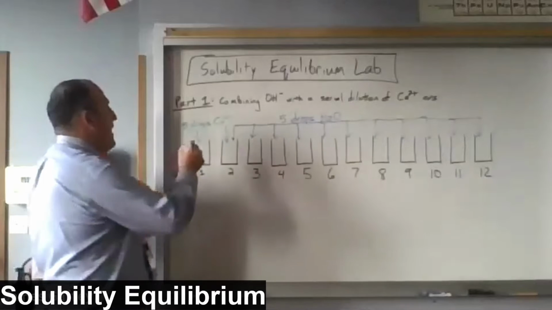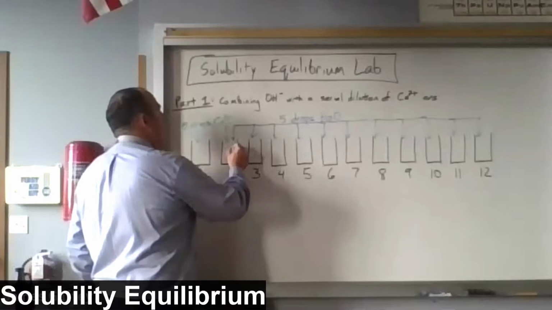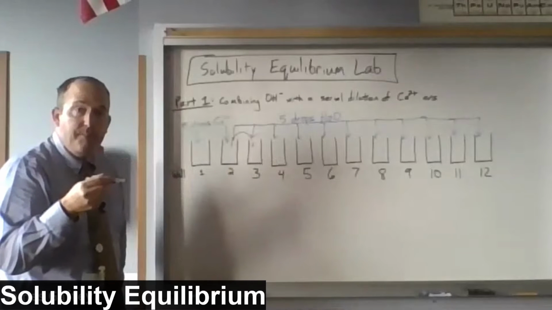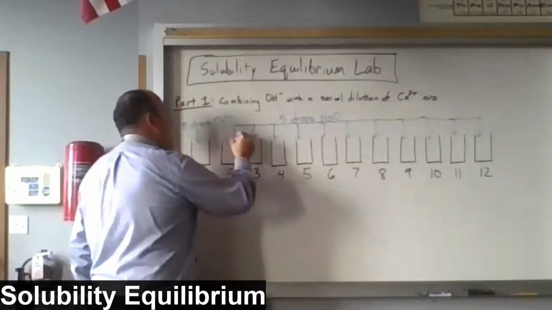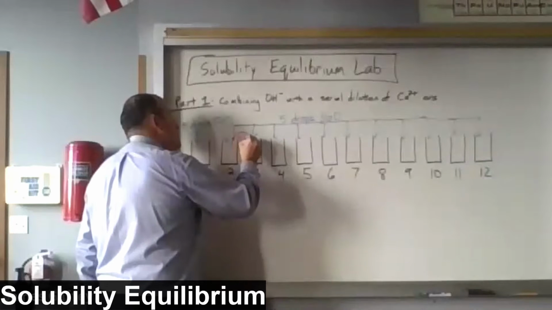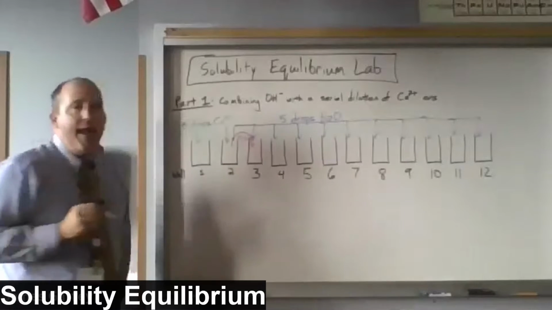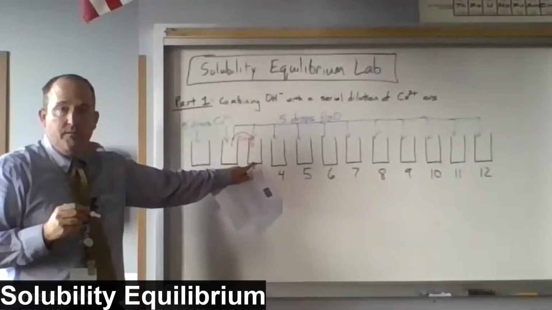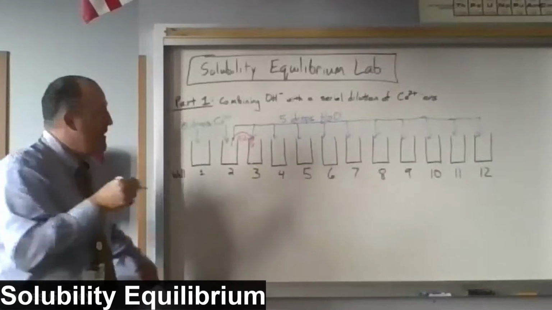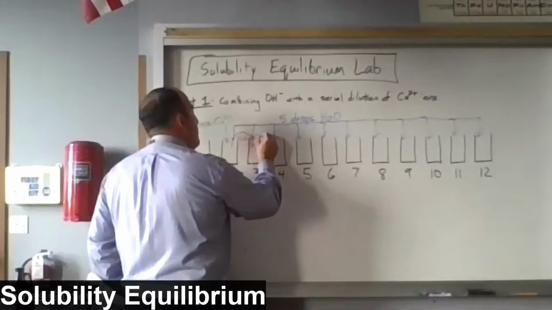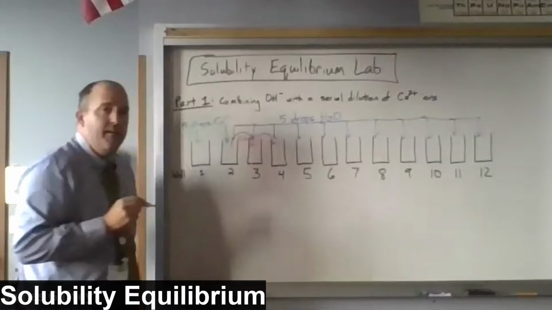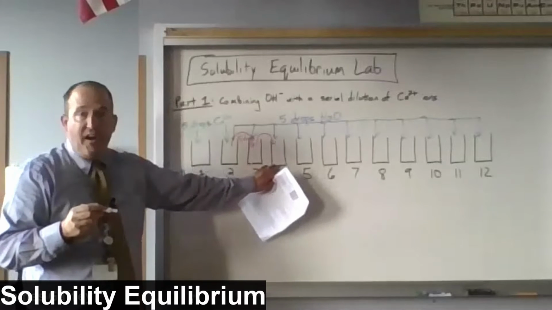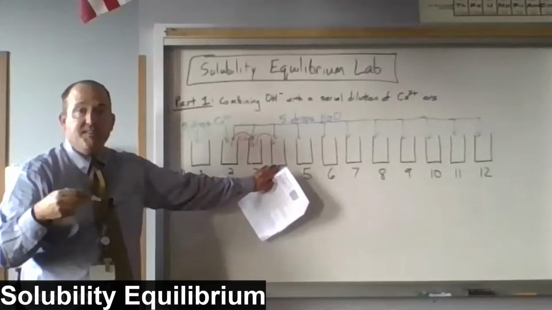And I'm going to have you take well 2's contents, mix them together, and then take 5 drops of well 2 and add it to well 3, where there's already 5 drops of water. Mix it together, and then take 5 drops of well 3 and add it to well 4, where there's already 5 drops of water, and mix it together.